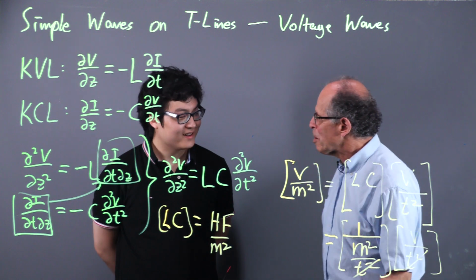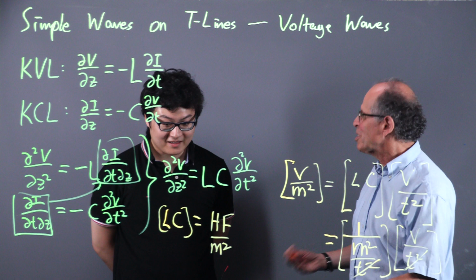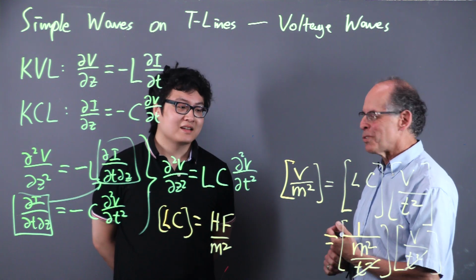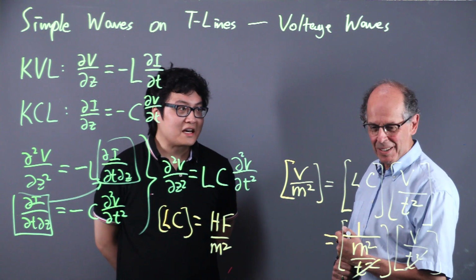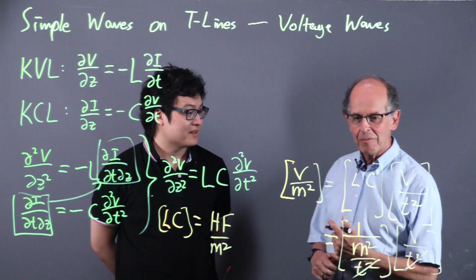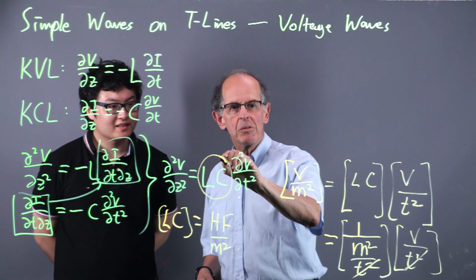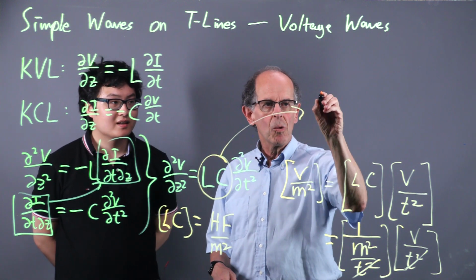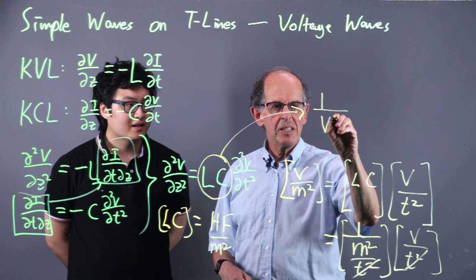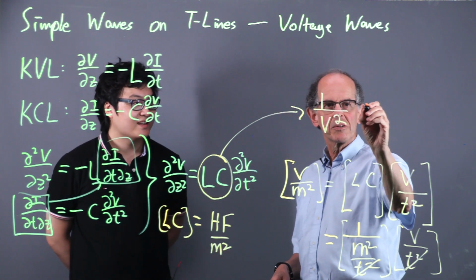Right, so what is meters squared per time squared? What physical quantity has those units? That's velocity to the power of 2. Yeah, velocity squared. So that means that this thing here can be rewritten as 1 over v squared. And so our final equation is the wave equation.